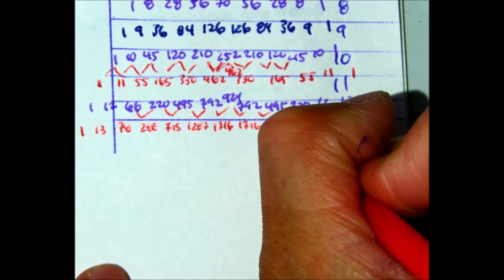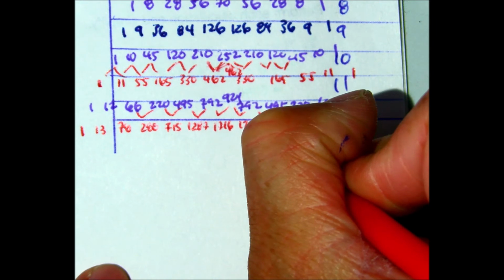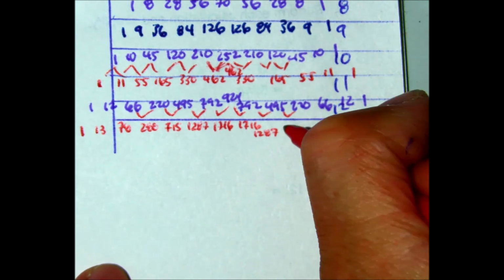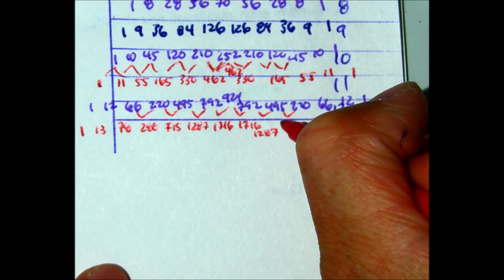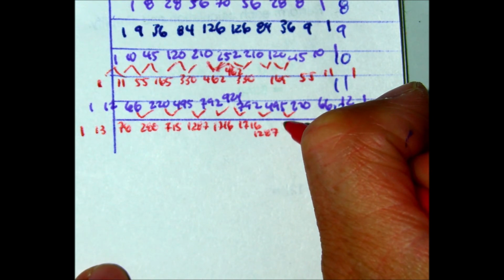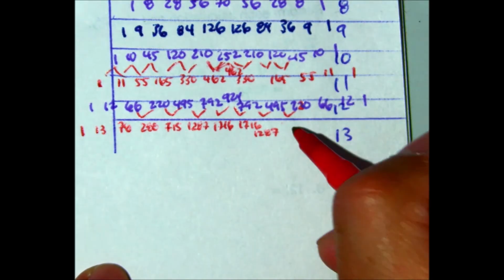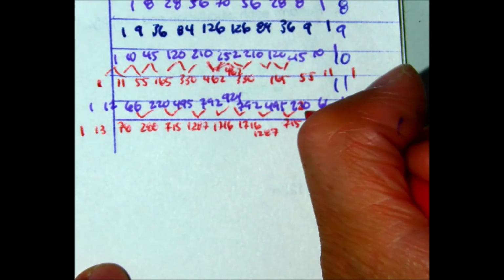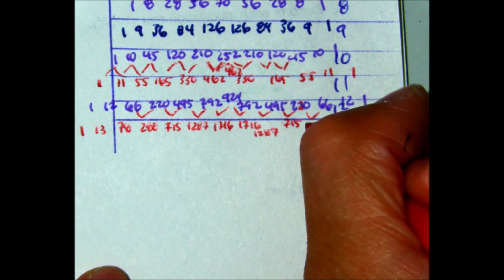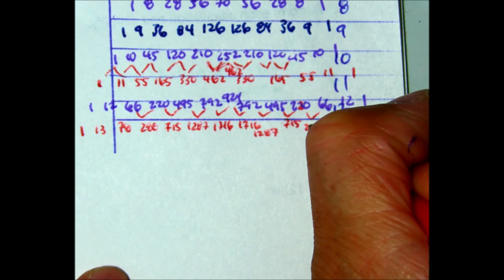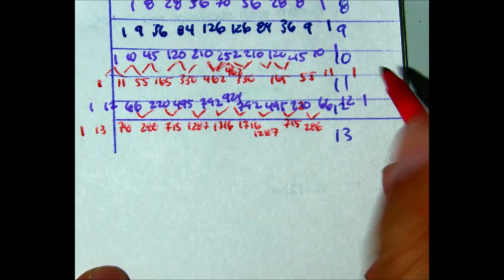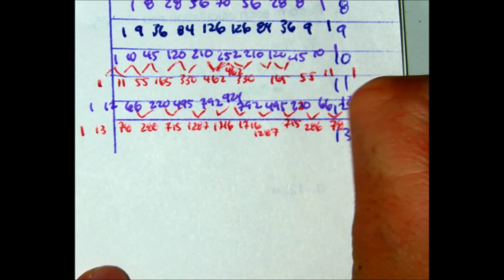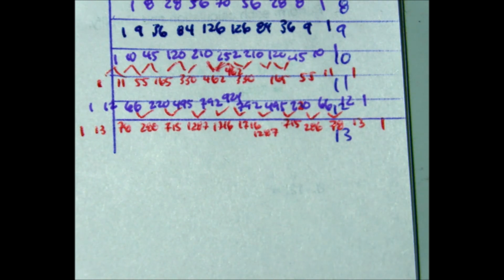Yep. 1,287. Yep. 715. 286. Just get the numbers over there. 78. 13 and 1. Woo!